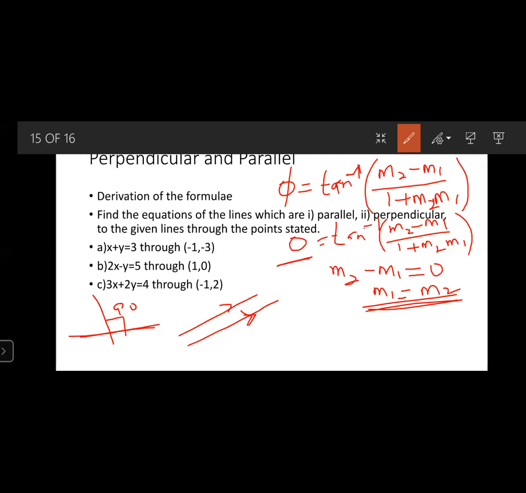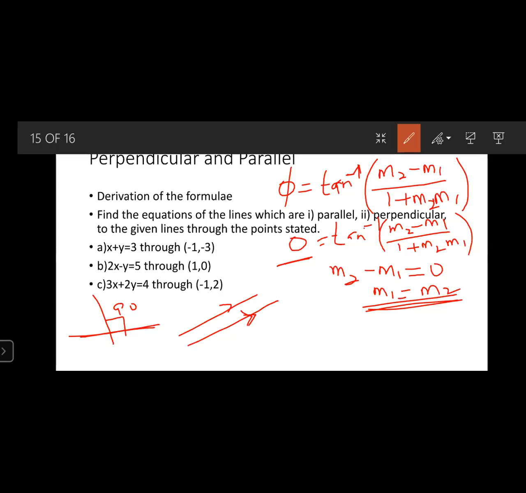If they are now perpendicular, I am going to have tan 90 instead of tan 0. I'm going to equate it to tan 90. And what is tan 90? It is infinity. If you remember, tan 90 is infinity, and we can say that it is undefined.